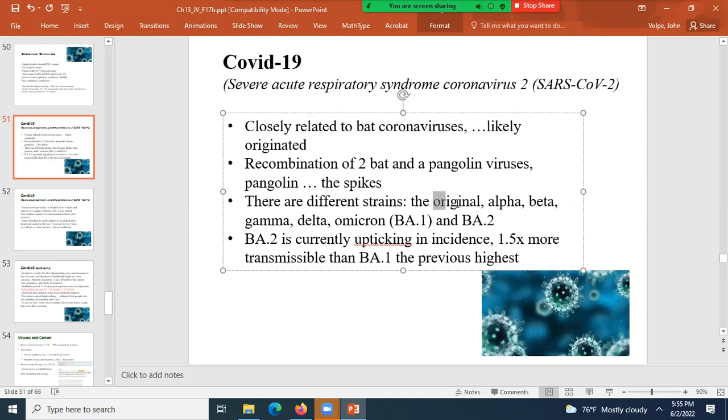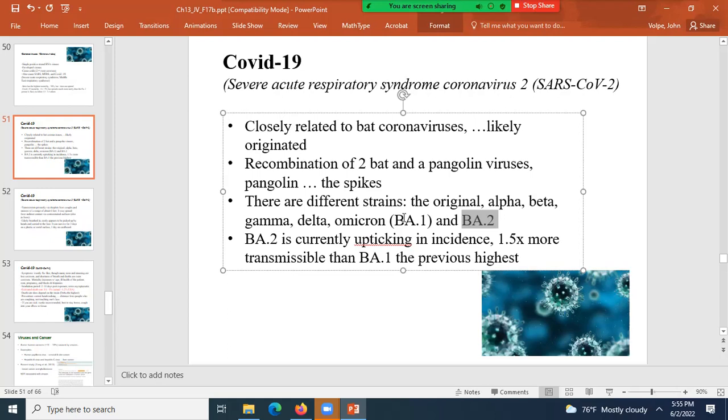Unfortunately, the vaccine is based on the original COVID-19. And so BA2, the vaccine will not protect you to the BA2 strain. What the protection is, we don't know because BA2 is too recent.